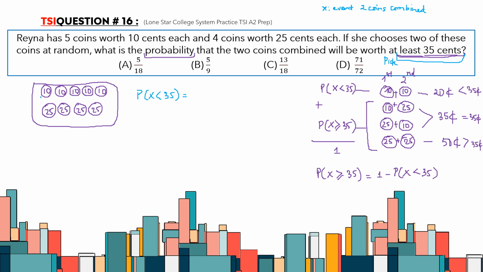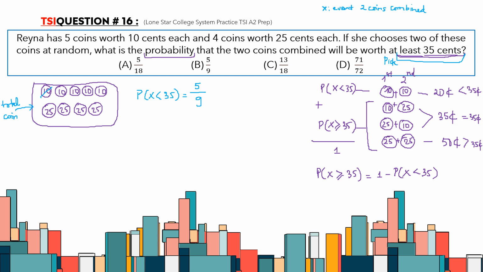If I take out one, the first coin of 10, we will have to pick a 10 out of 9 coins. So the total number of coins here is 9: 5 ten cents and 4 twenty-five cents.